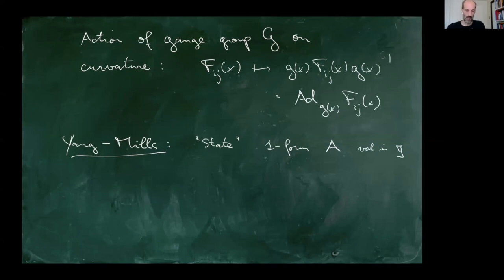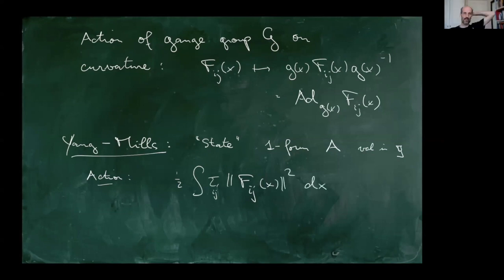And then the energy, or the action, is given by 1/2 integral over your space, sum over i and j of F_ij of x squared dx. Remember, that's the curvature.